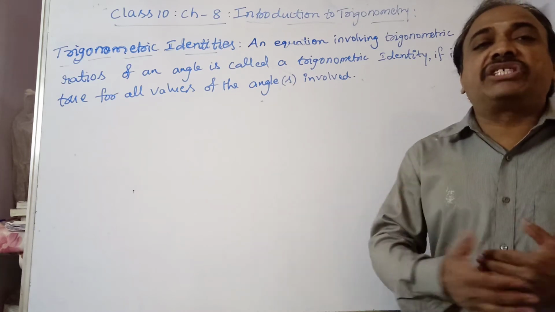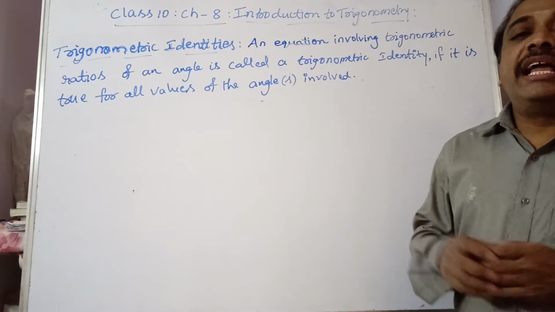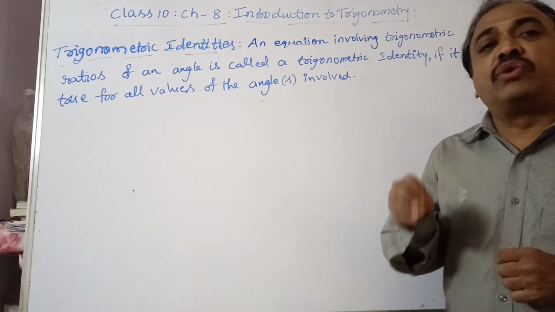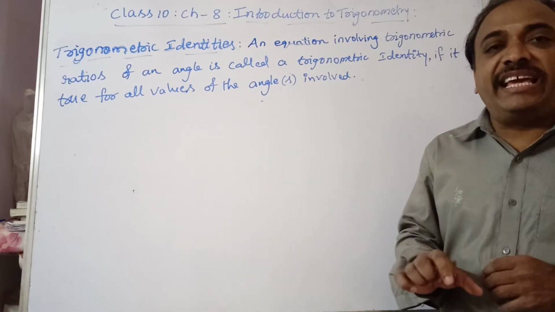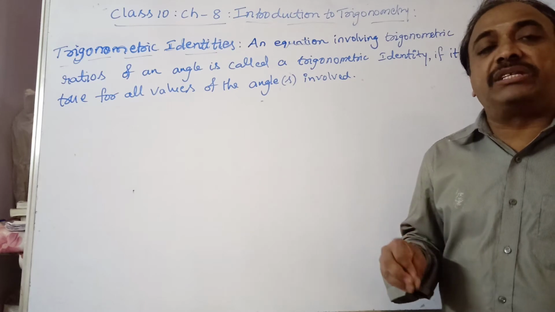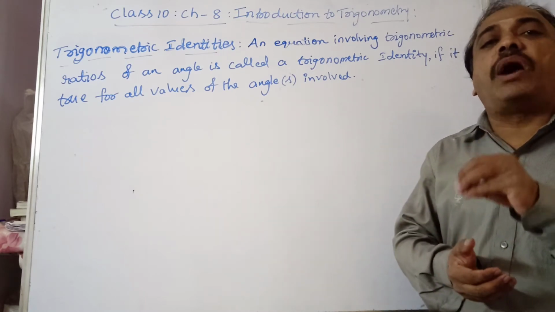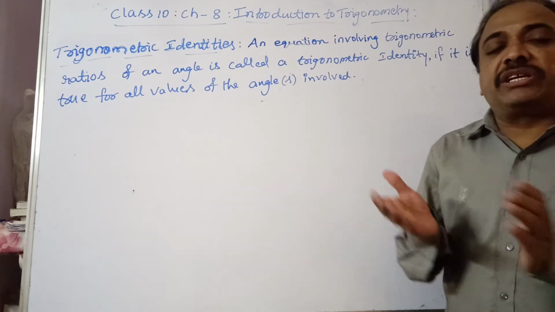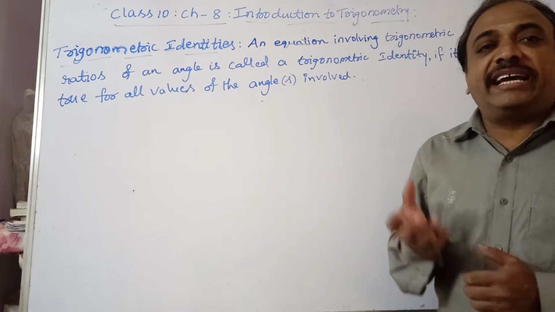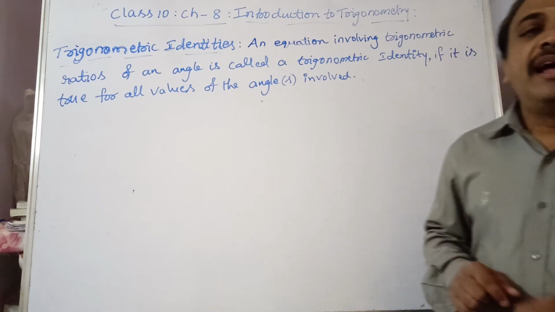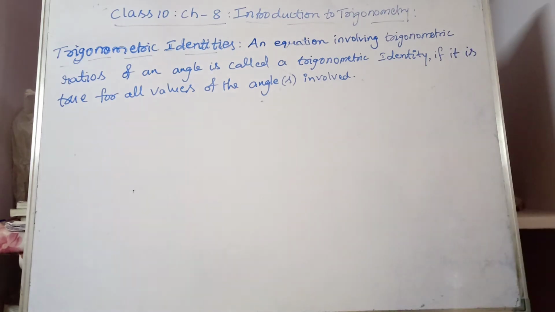It is an equation involving variables which is true for all the values of the variables involved in that equation. Such an equation is called an identity.